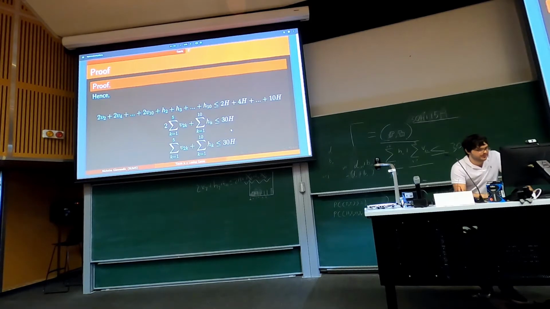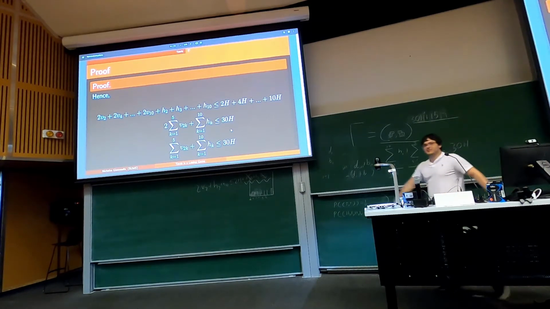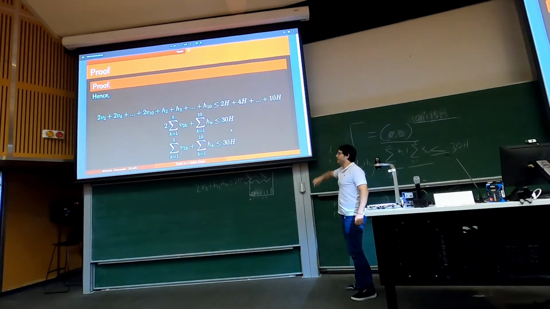Okay, so now by chaining these inequalities together and just summing them, we have that 2v2 plus 2v4 plus etc. plus 2v10 plus h2 plus h3 plus dot dot dot plus h10 is less than or equal to 2h plus 4h plus dot dot dot plus 10h. Okay, just by chaining each of those generalized inequalities.